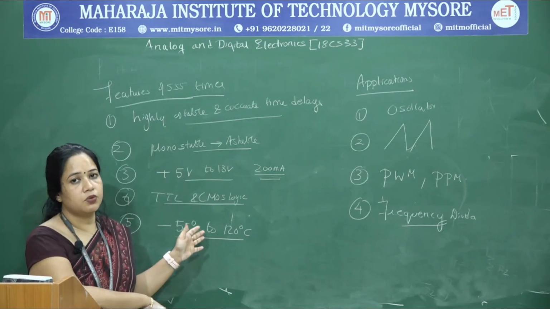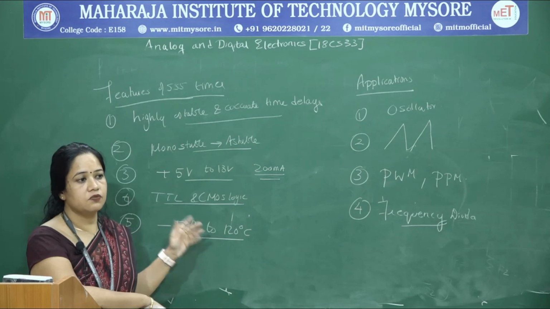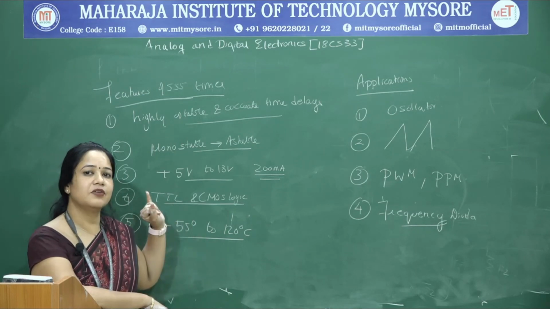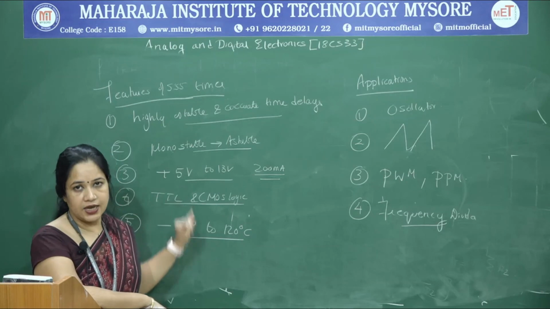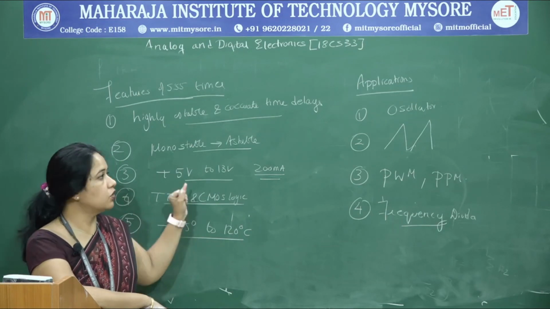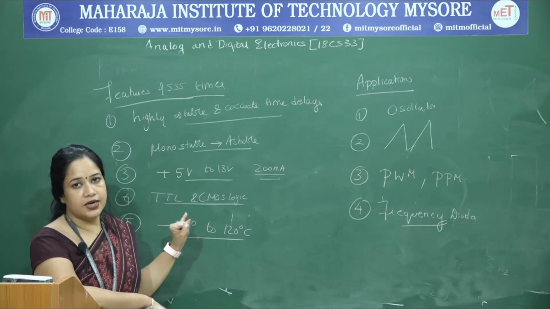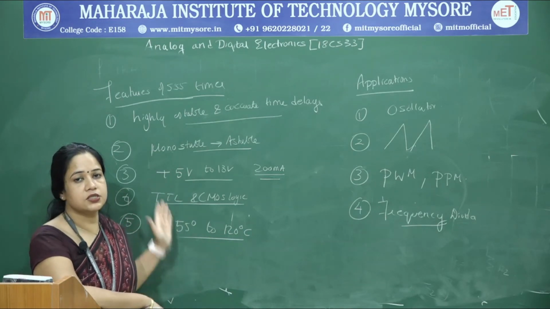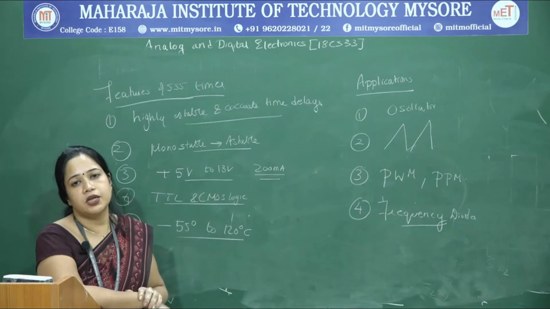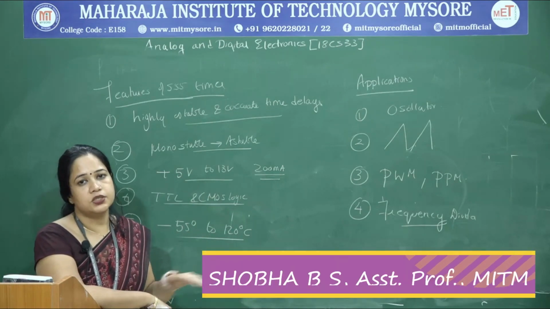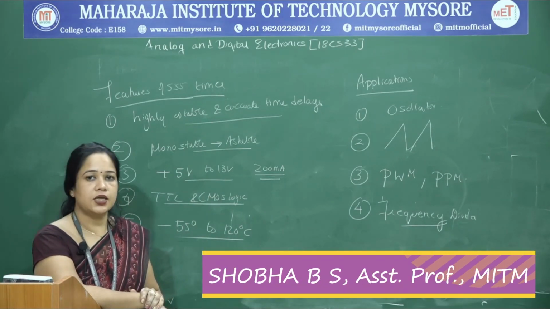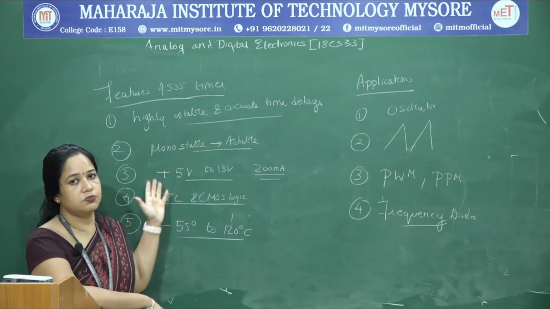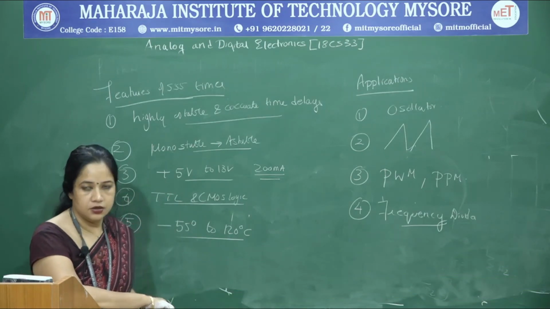A quick recap of today's session: we discussed the relaxation oscillator, looked into its design, and worked out a problem. We gave a quick introduction to the 555 timer and discussed its features and applications in detail. With this we conclude today's session. In the next session we will take up the 555 timer in detail. Thank you.